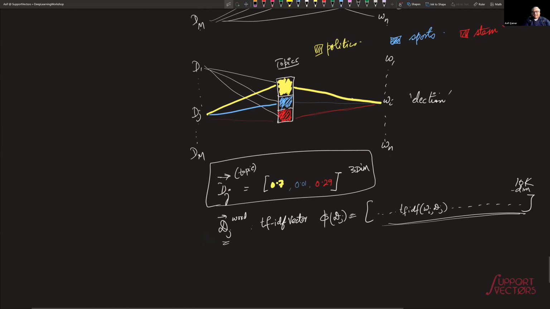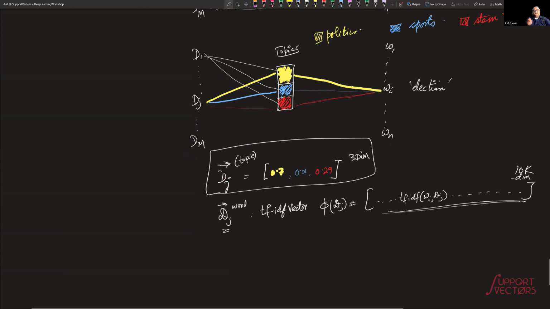Except that, obviously, I now need to know the other side of the story also. The topic vector, topic K, in terms of the word space, can be 10K dimensional, if it so wishes.